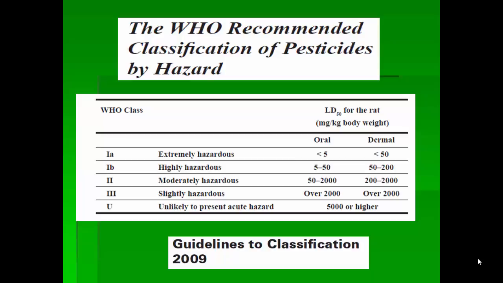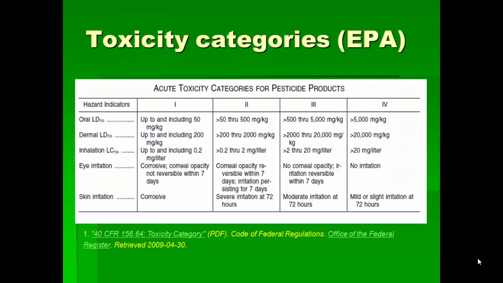Now, if we look at the toxicity rating by the EPA, which is used for regulatory purposes of labeling pesticides in the US, we see a very similar table than the ones we just saw. Anything with an oral LD50 below 50 milligrams per kilogram is deemed highly toxic and falls within category 1.